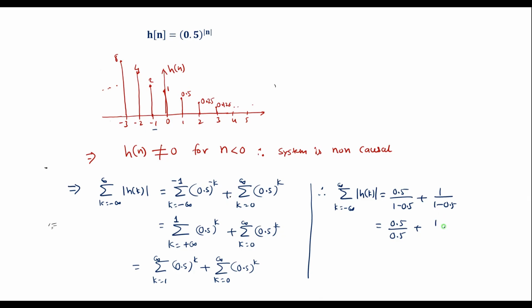Here it will be 1 divided by 0.5, that is 1 plus 2, which is equal to 3. 3 is less than infinity, therefore it is stable.